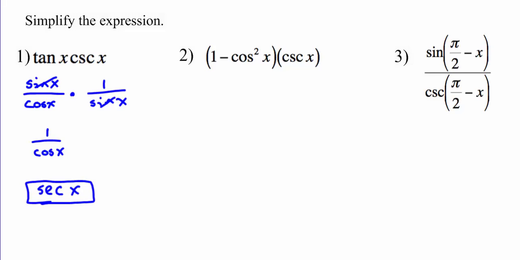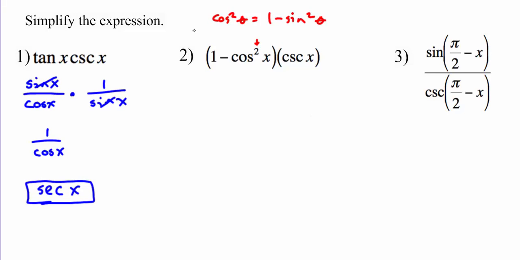Okay, number 2. This time we're going to use a Pythagorean identity, and I know that this is the hint right here, cosine squared. When we see those, we've got to start thinking Pythagorean identities. Now, if you go back to the Pythagorean identity that includes cosine squared, we could rewrite it to show that cosine squared theta is equal to 1 minus sine squared theta.